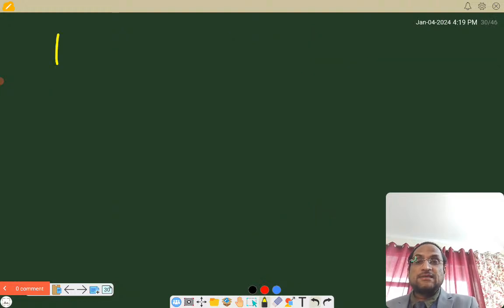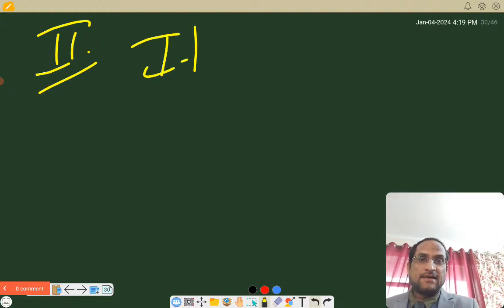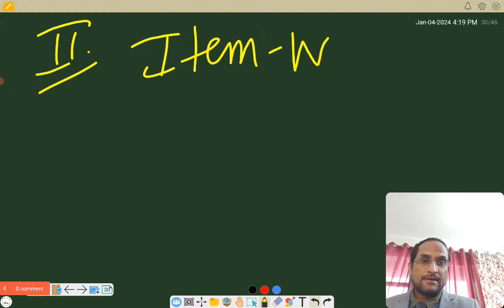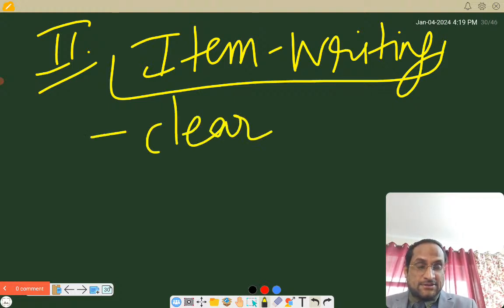Then the second step is item writing. What is item writing? Questions. The experts of the field will write the questions, and while writing them, they will ensure that the items are clear and relevant.